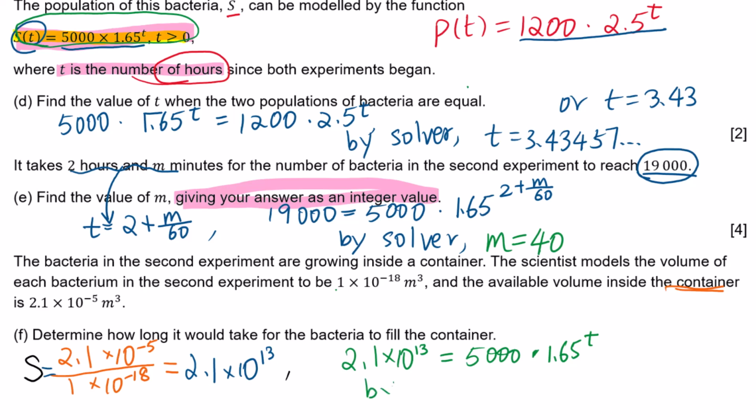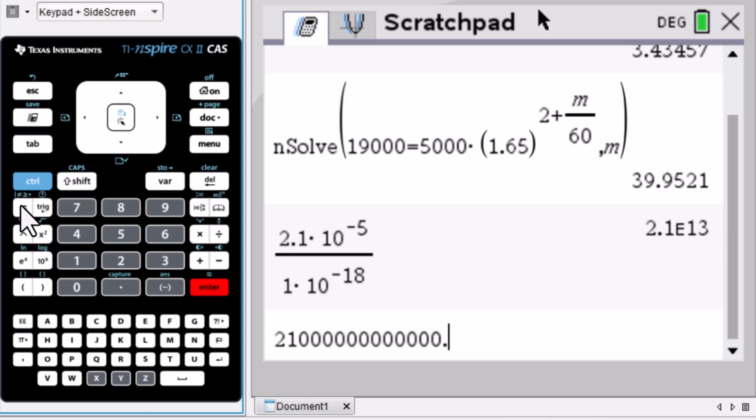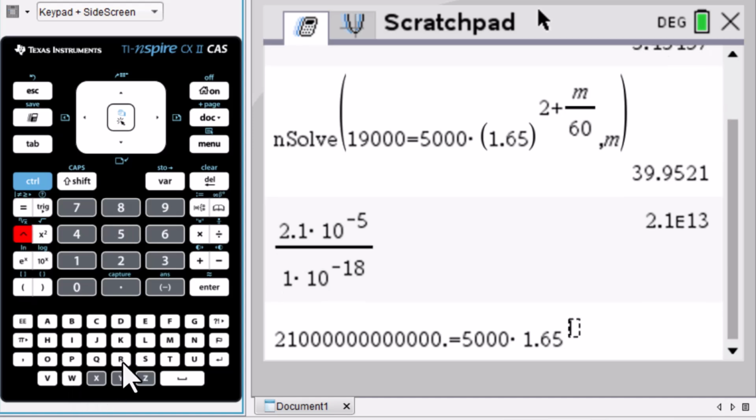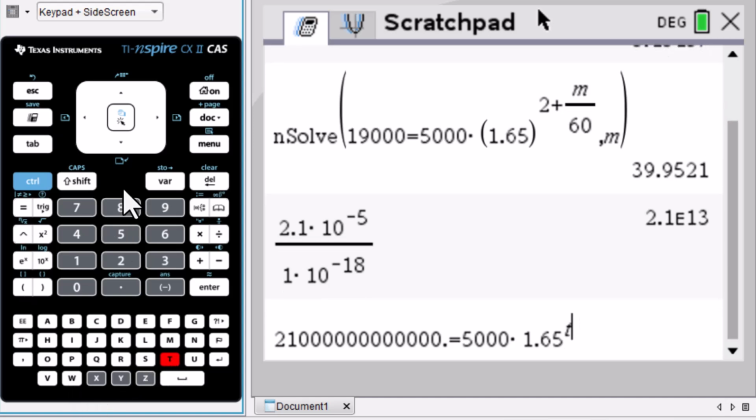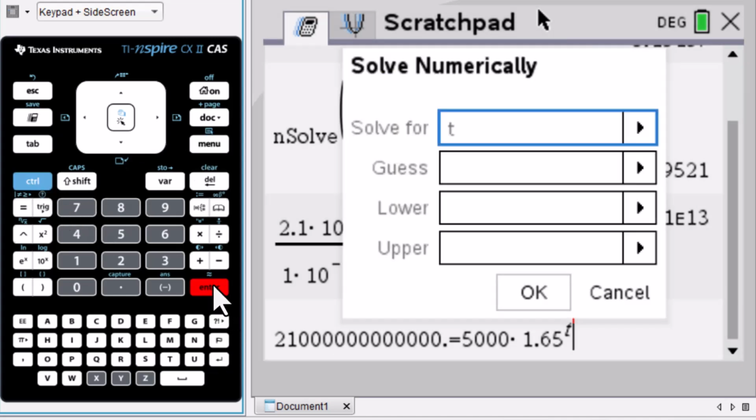By solver, go up, enter, then equals 5,000 times 1.65 to the tth power. Control menu, enter, enter, enter.